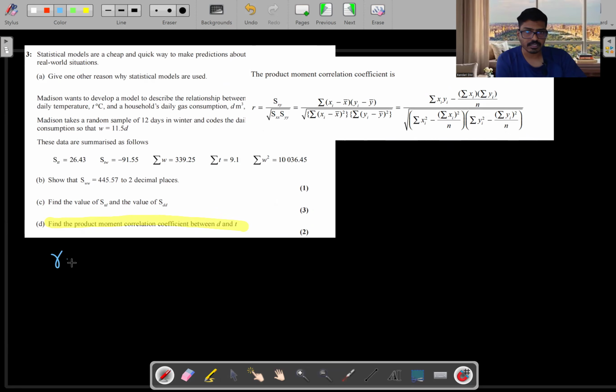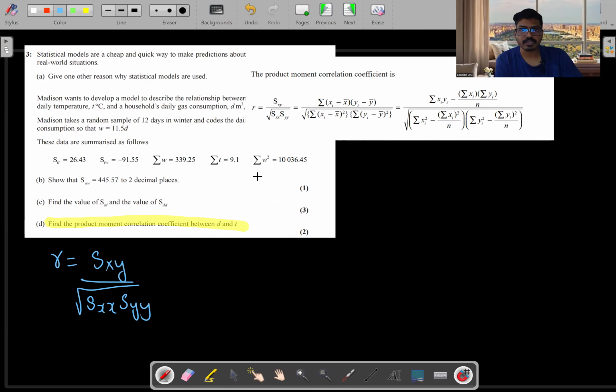R equals SXY upon square root of SXX times SYY.